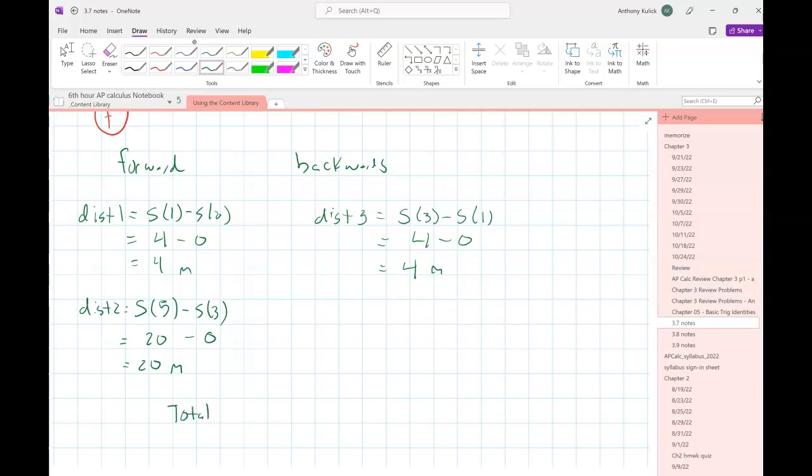So my total here is going to be just the sum of those 3 calculations, which is 28 meters. Everybody cool with that? Again, nothing super duper complicated there, but you have to think about what's going on. Make sure that you're counting the forwards and backwards pieces separately.